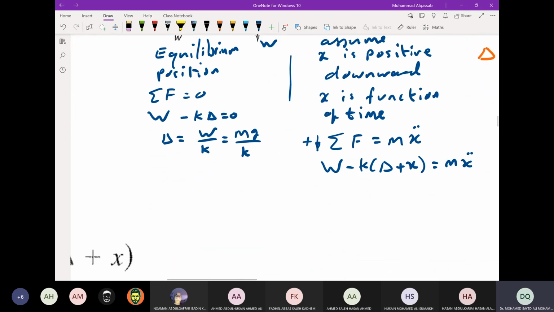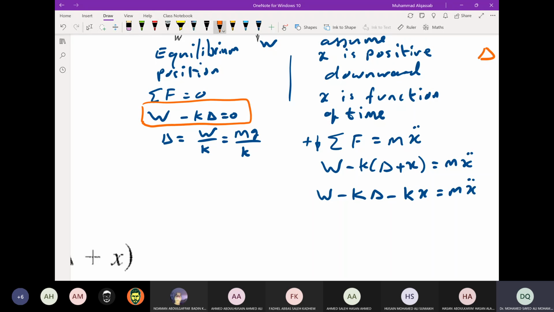Okay, we have two equations here. This equation is the static equilibrium equation, that is W minus K delta equal to 0. And when you expand the other equation, this will be W minus K delta minus Kx equal to m x double dot.